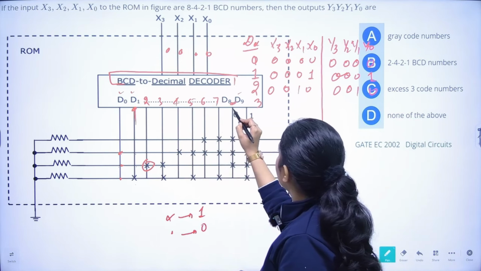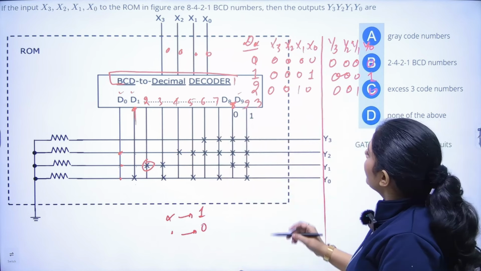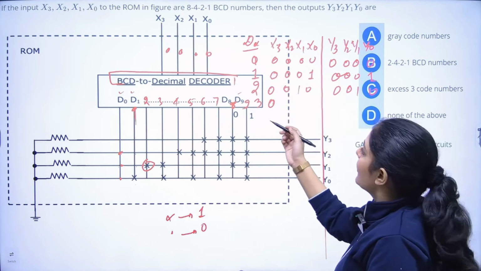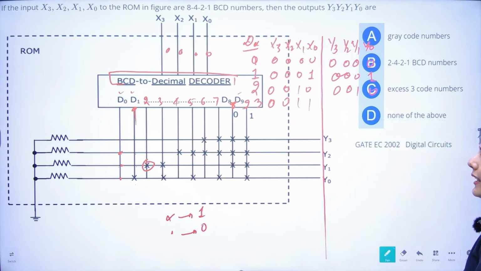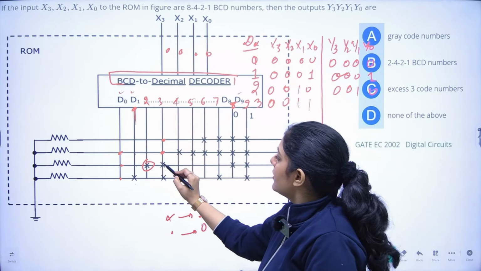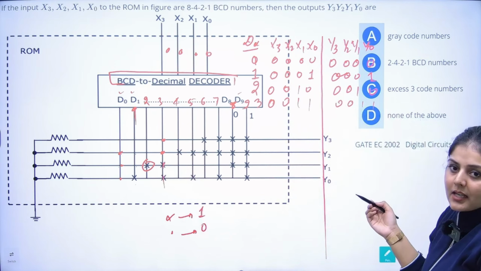This is 8 and this is 9. Right. So for decimal value 3, for input I am writing first 0, 0, 1, 1. That will be the equivalent decimal value of the BCD number, and the output will again be 0, 0, 1 and 1. Till now they are the same, right?